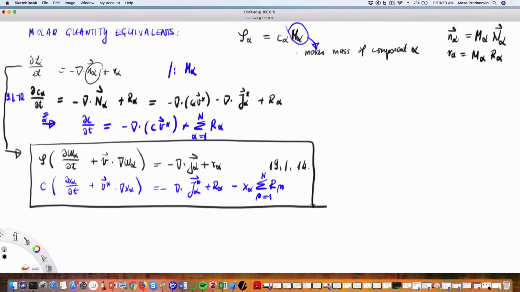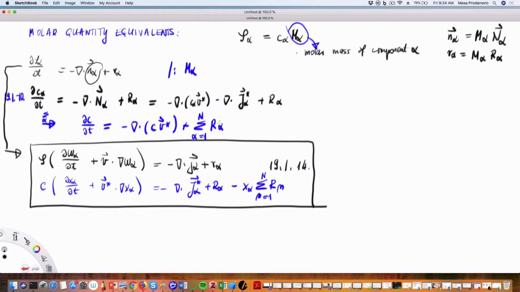Where does the last term come from? Again, from breaking down and the fact that this sum doesn't go to 0. So you would have had that sum of R alphas in the top equation as well, except that one is 0, so it disappears when you do the summation.